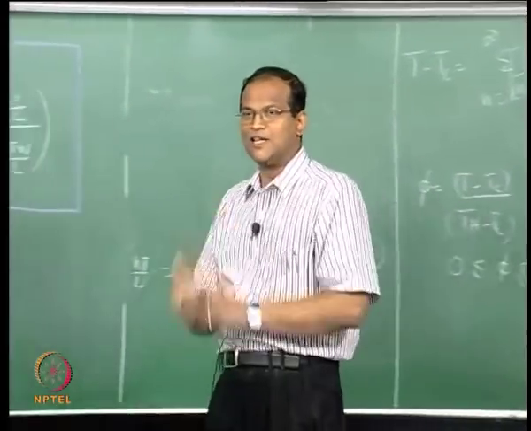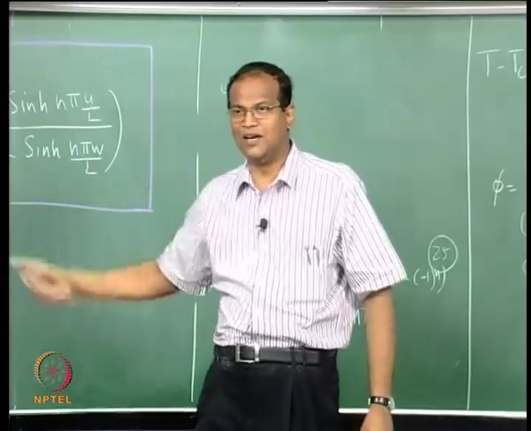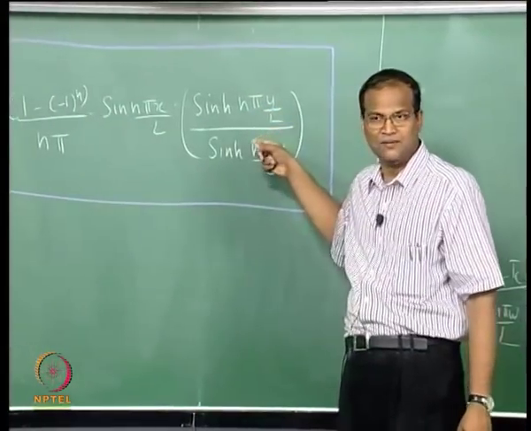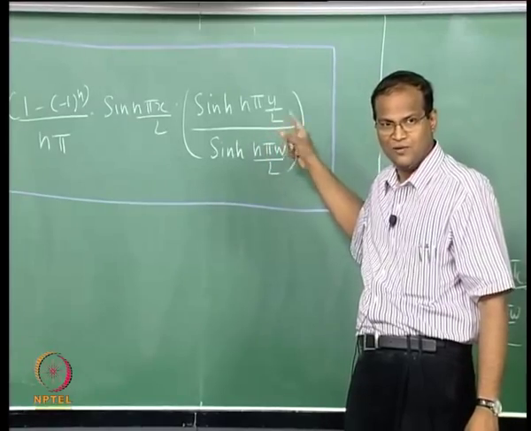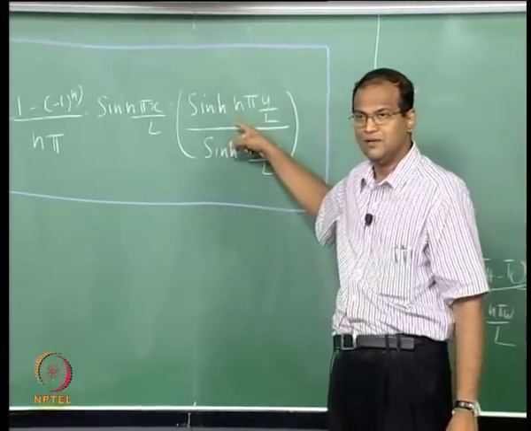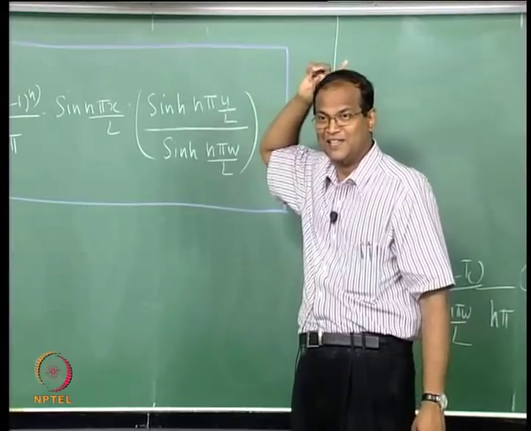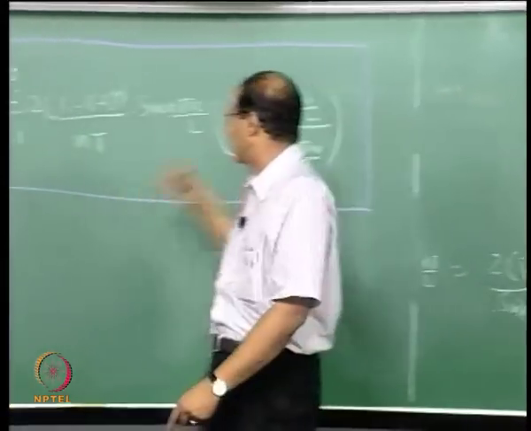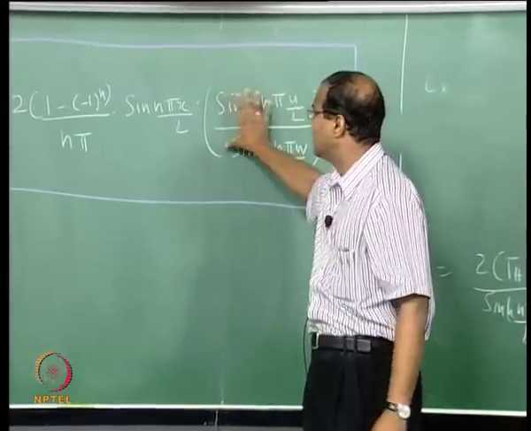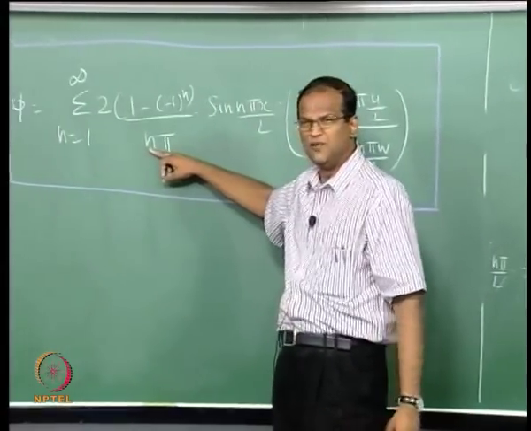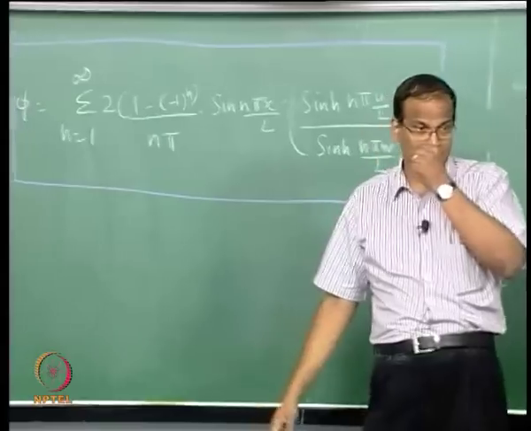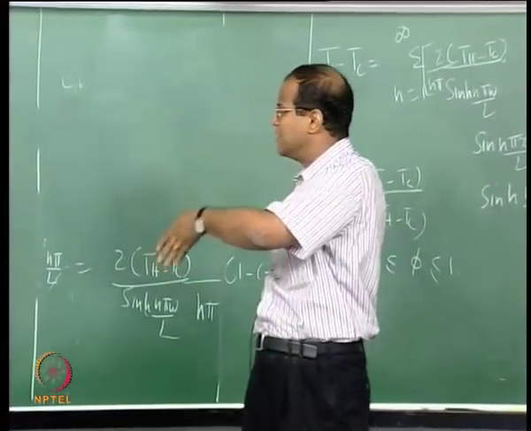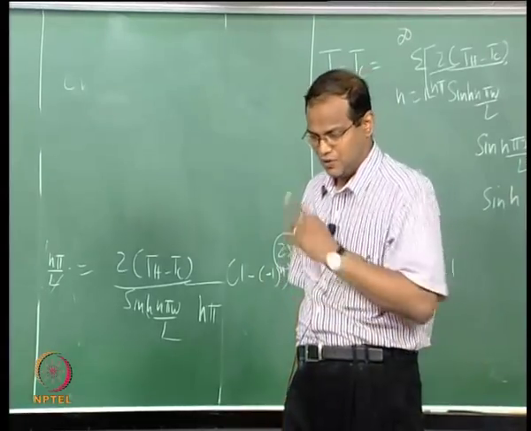N equal to 1 will have the maximum influence, the 10th term will be 1 by 10, and all these things also will have their part, okay, because sin h, you can see what will happen to sin h, e to the power of mx minus e to the power of minus mx and all that, sin h by sin h, you can see all this, but since n is in the denominator, this is very clear that this will be a convergent series. Okay, the solution will be periodic about x, it will be exponential with respect to the y coordinate.